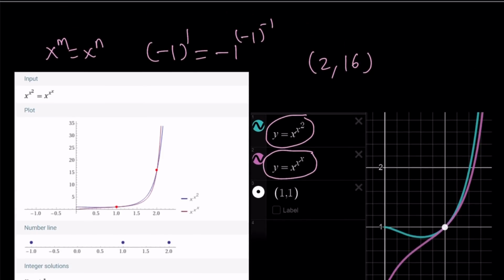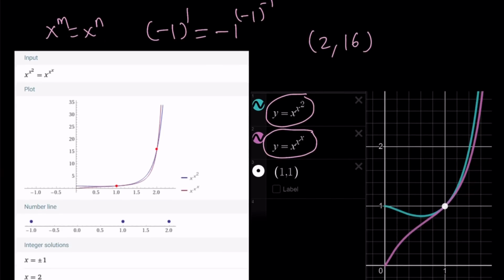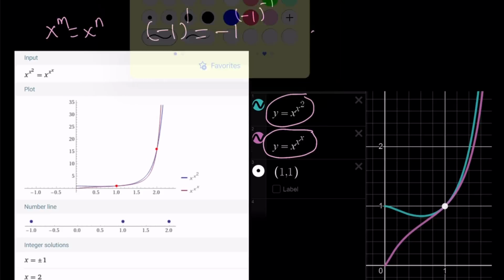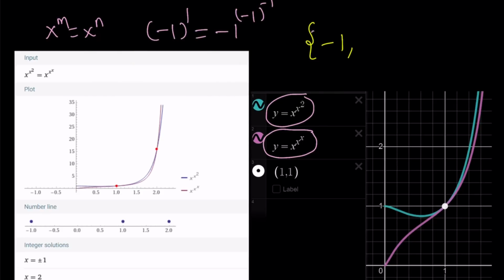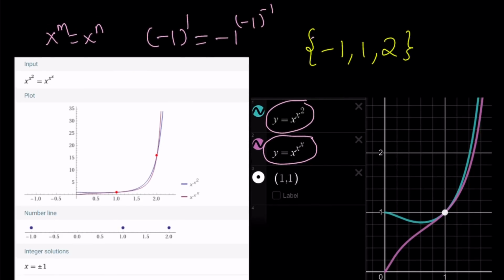It is -1, and obviously -1 to the first power is the same as -1 to the power -1, because the reciprocal of -1 is also -1. So this basically tells us that there are going to be 3 solutions to this equation, and those solutions are -1, 1, and 2. And this brings us to the end of this video.